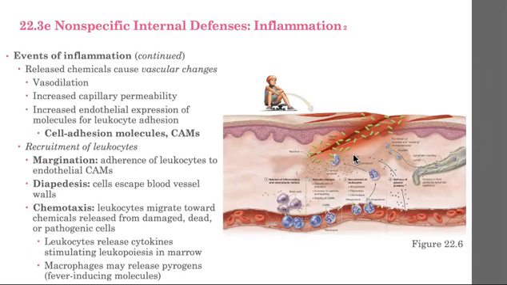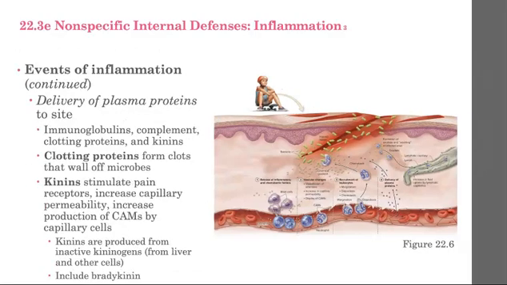And our leukocytes are going to release cytokines stimulating leukopoiesis in our bone marrow, and the macrophages will release pyrogens, which will allow for heat to take place. This is a fever-inducing molecule. And then we're going to start having our plasma proteins delivered here, and this is going to include our immunoglobulins, our complement proteins, clotting proteins, and our kinins.